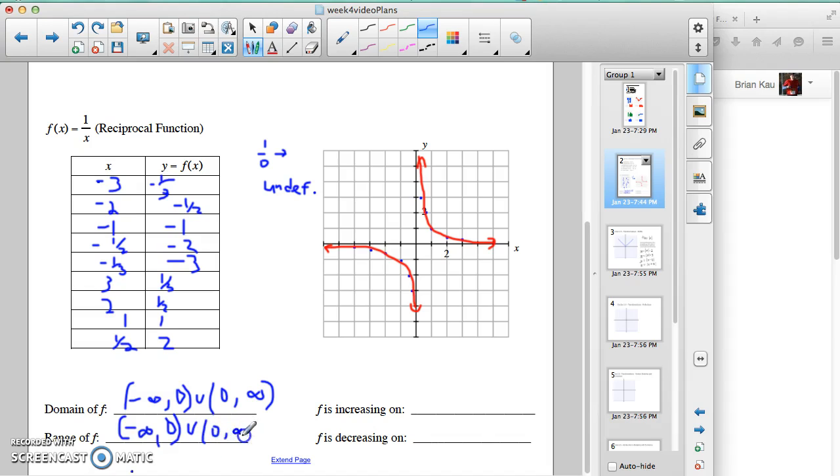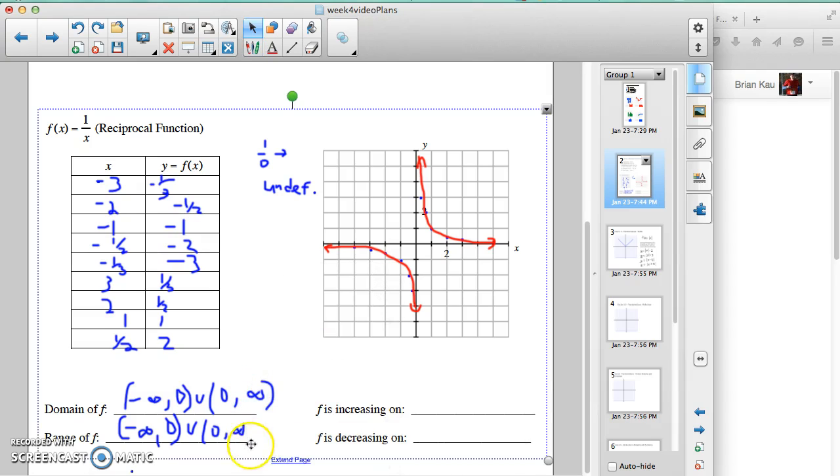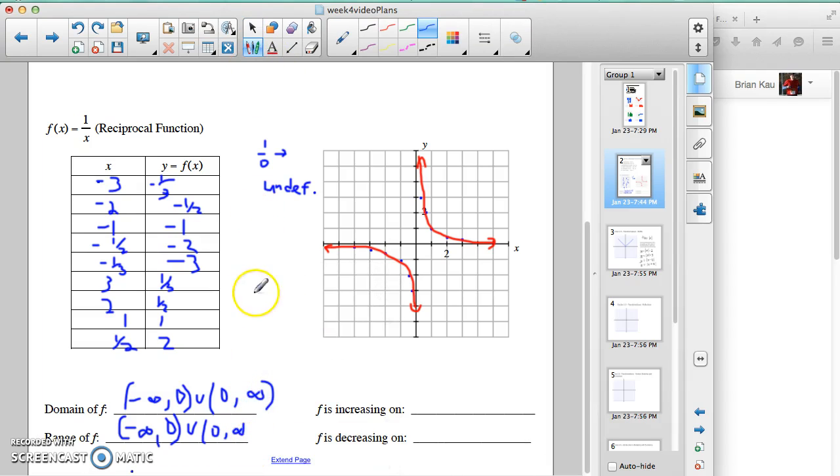Now if you look at increasing or decreasing, as we travel to the left on the graph, we're going down. And as we travel here on the left, we're going down.